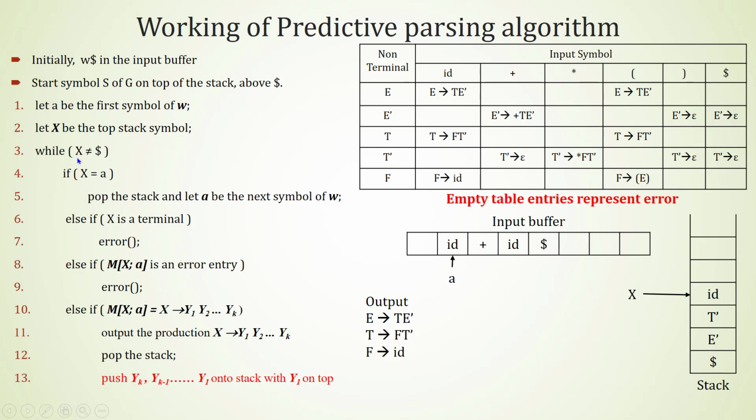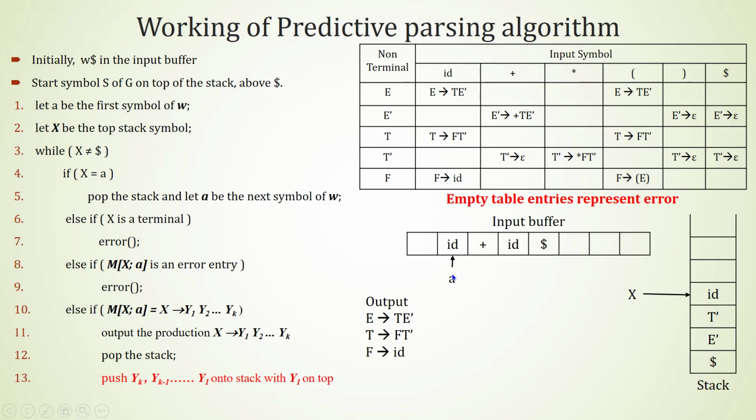Again we are checking whether X is not equal to $. X is id, it is not equal to $. Here we are checking X equal to A. X is id, A is id. So this condition is true. So you have to do two things. Pop the stack, id must be removed from the stack, and let A be the next symbol of w.